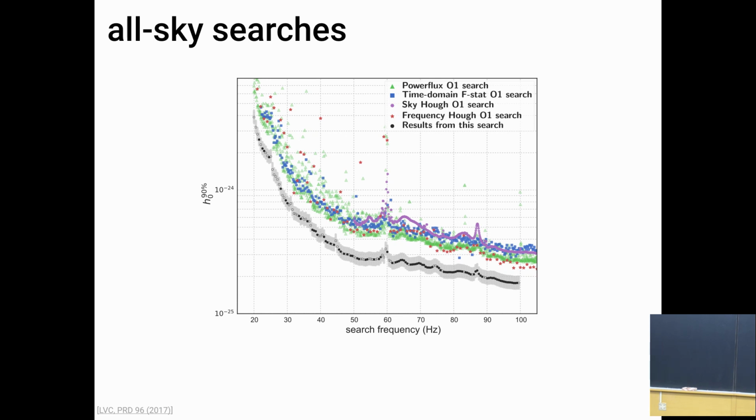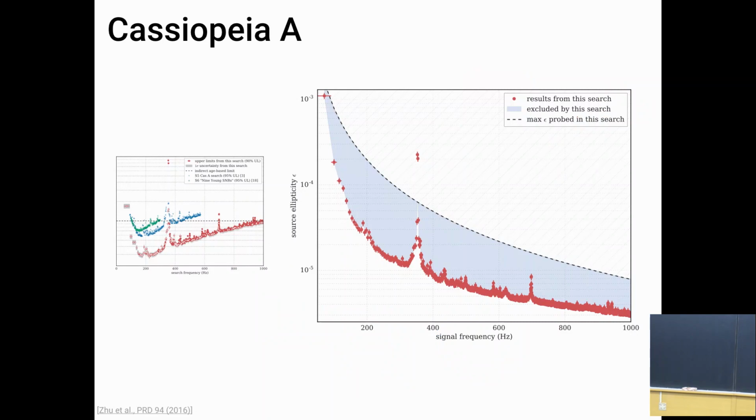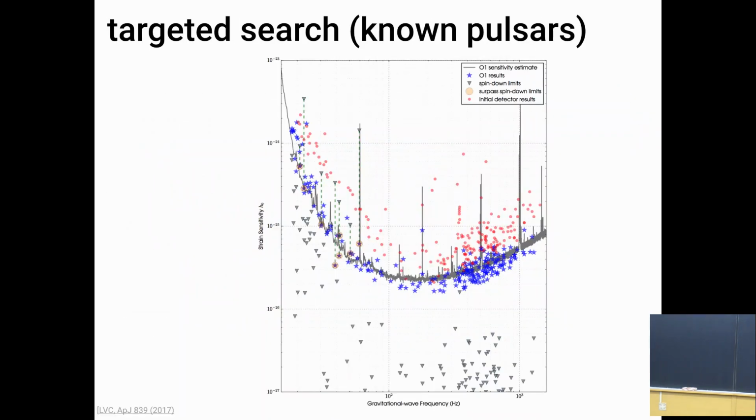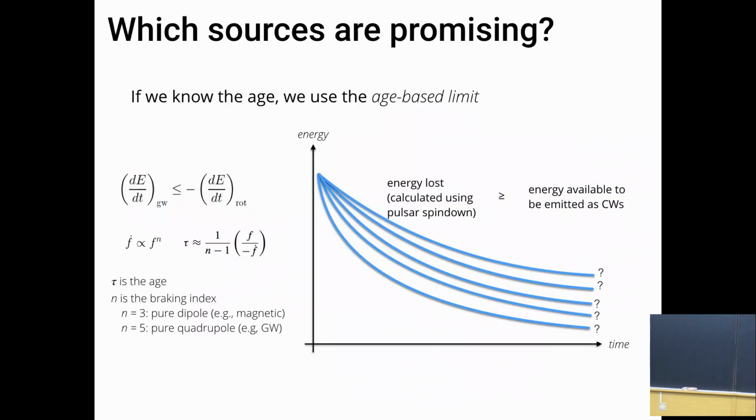All-sky searches are a bit more complex. What I'm showing here is the results for a recent low frequency search. And the main thing I want to say here is going back to sensitivities. For the known pulsar search, the upper limits go almost down to 10 to the negative 26, in the most sensitive parts of the detector.